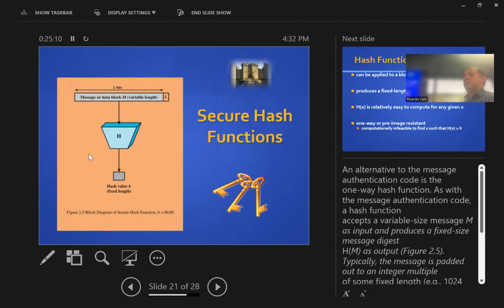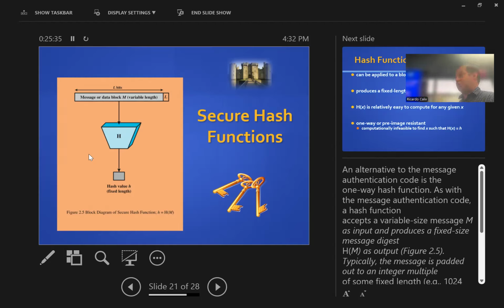Sam, question: what was the definition of a hash algorithm? Mapping something of variable length to something of fixed length. Yes, exactly right. We saw that in an example, where we hashed a paragraph, I believe. A message or data block, you break it into blocks of L bits, and that function will map to a fixed length.